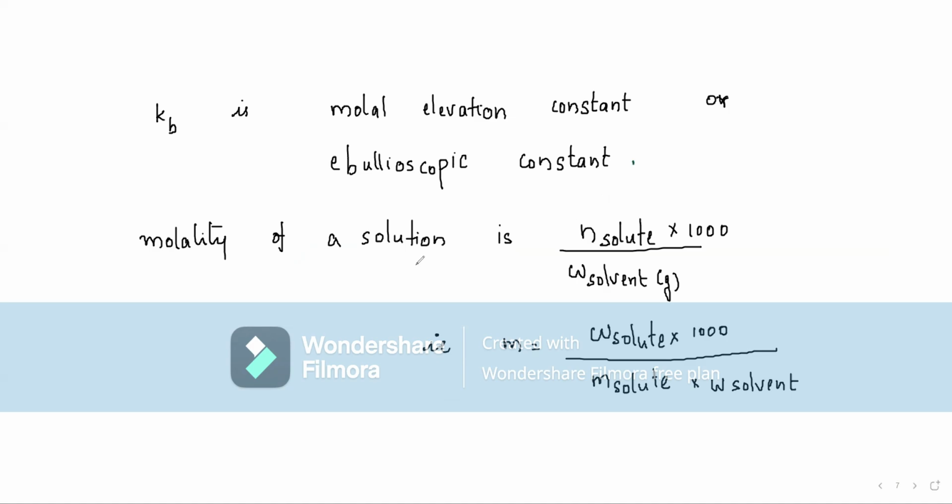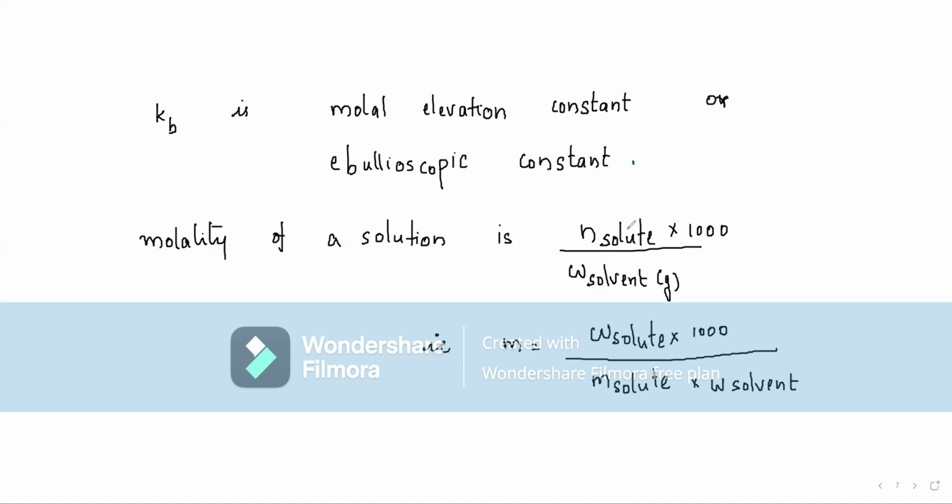Now we can substitute for molality in the previous formula. Molality is the number of moles of solute into 1000 by the weight of solvent in grams. I had to take this 1000 because I'm expressing the weight of solvent in grams. Instead of the number of moles of solute, I'm replacing it by weight by molecular weight.